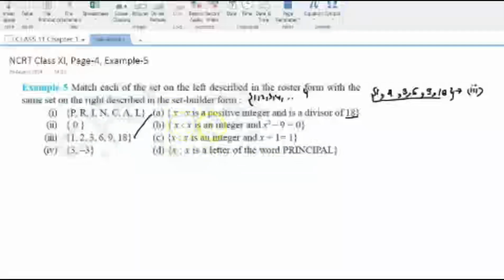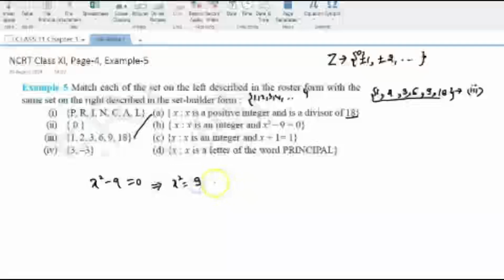Now, x such that x is an integer. So what does integer mean? It is 0, plus minus 1, plus minus 2, and so on. And x squared minus 9 is equal to 0. If you solve this, you will get x squared is equal to 9.